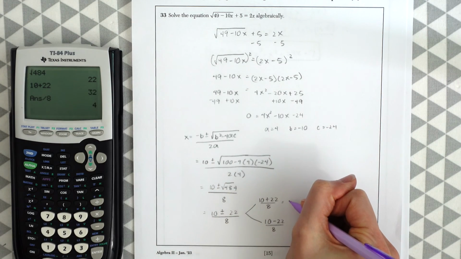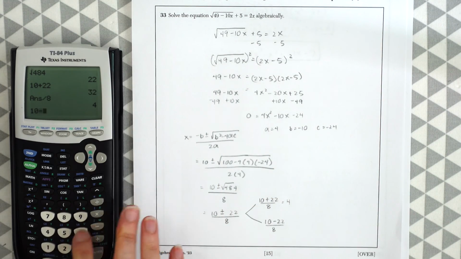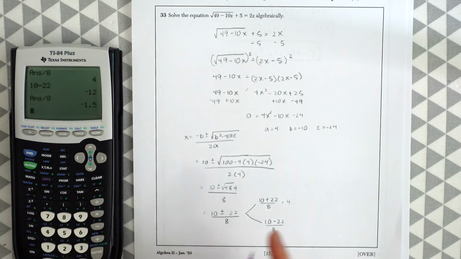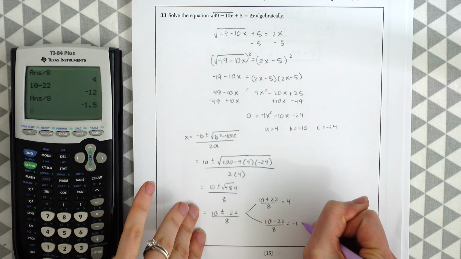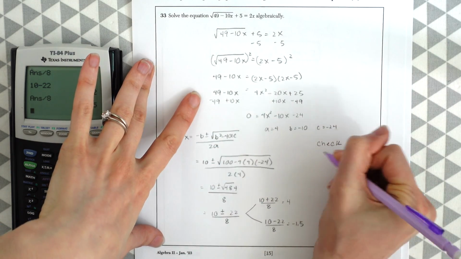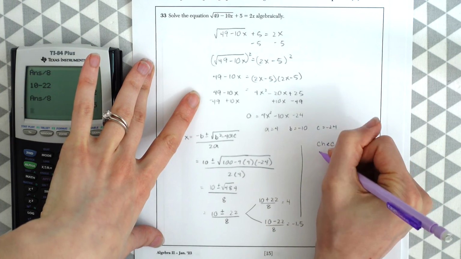So this first one will give us 4. And the one down here will give us minus 1.5. So before we just circle our answers, let's make sure to check our answers.